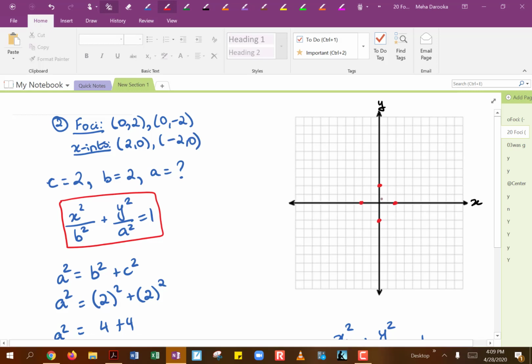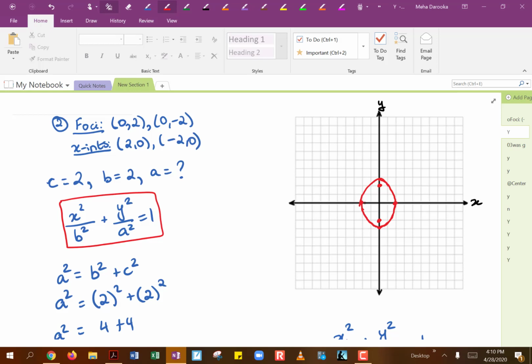So let's see, positive 2.83, so maybe just a hair underneath positive 3 and negative 3 on the y-axis, and then our ellipse should look something like this. And since this is an ellipse with a vertical major axis, you should see that it is taller and narrower on the sides.